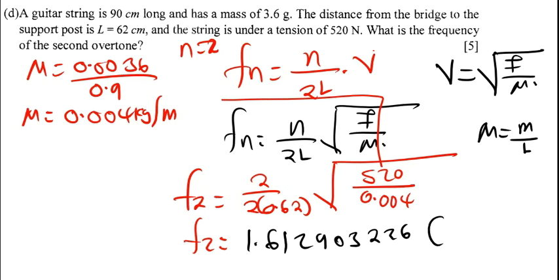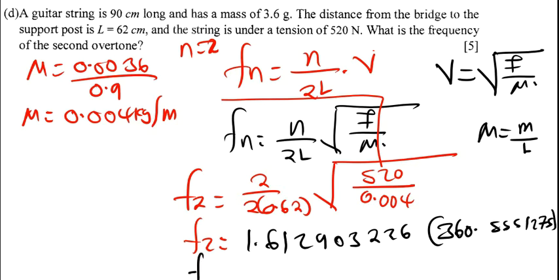Then times, now what is 512 divided by 0.004? Then the square root of this, which I'm getting is 360.55275. Then now I multiply these two.